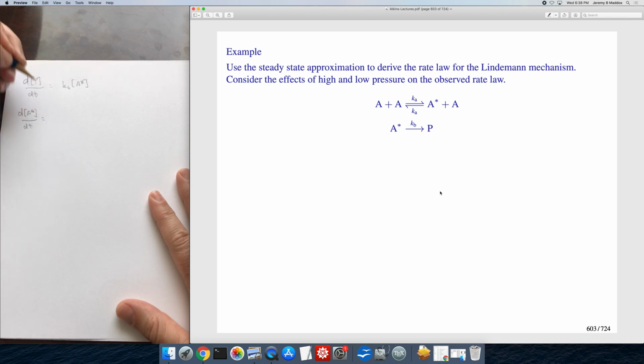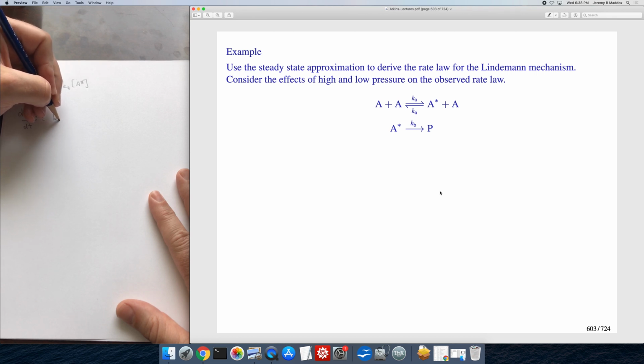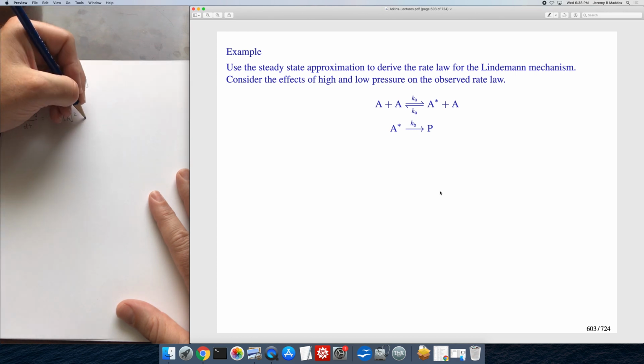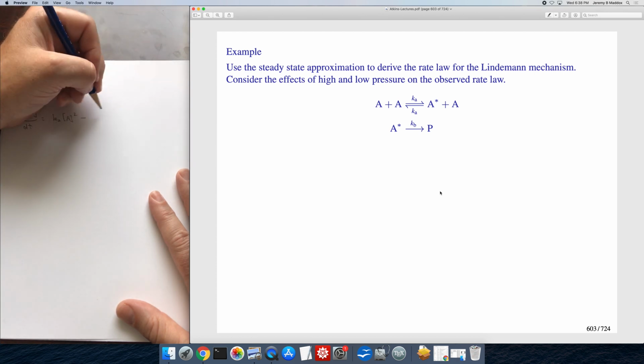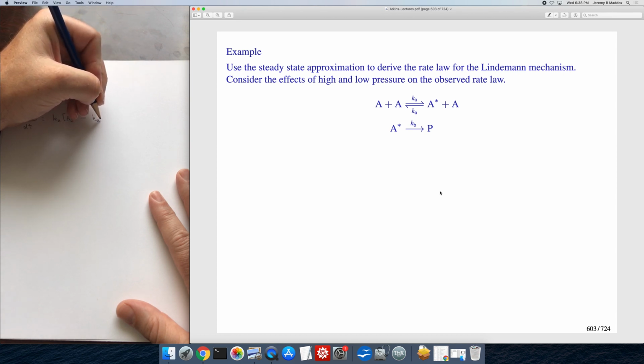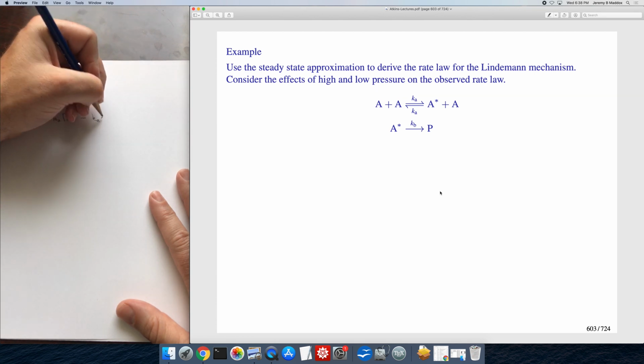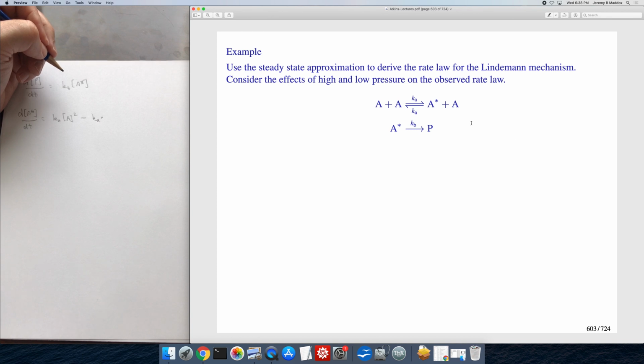So writing out the time derivative for that, we see that the first step produces it, and it's a second order, or it's a bimolecular type process. The de-excitation step consumes some of that excited molecule, and just note that I've got a typo here. This rate constant should be distinct from that one.